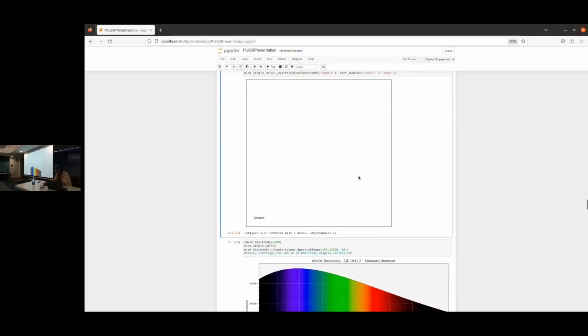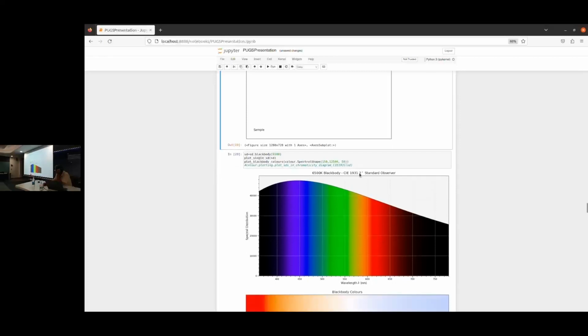So next thing with white is to look at black body radiation. And as you know, for pure black body radiation, the spectrum is a function of the temperature, right? And these primitives allow you to explore that a little bit.